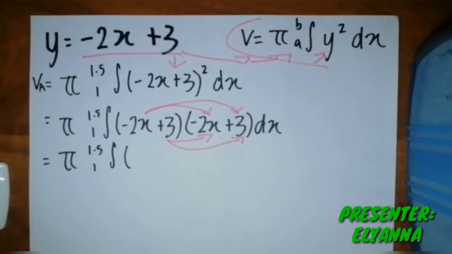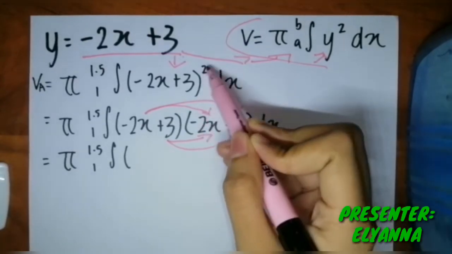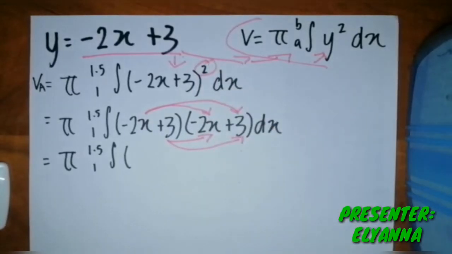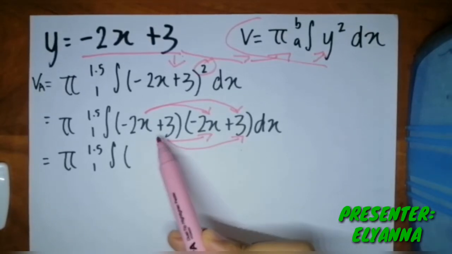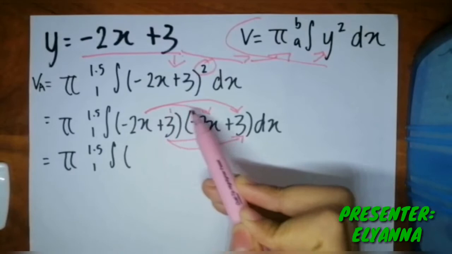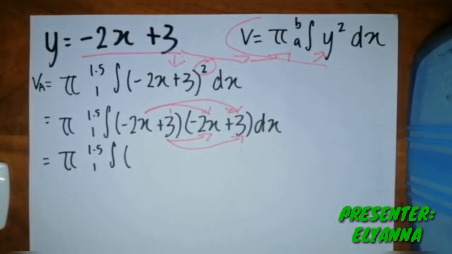But before we integrate it, we must expand this equation. Why? Because of this power of 2. So after we expand, it will become like this. So we expand this equation just like as usual.